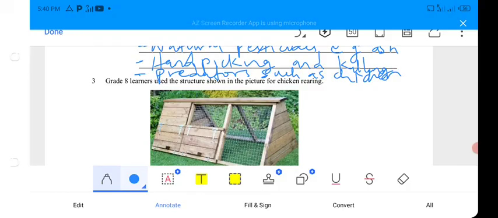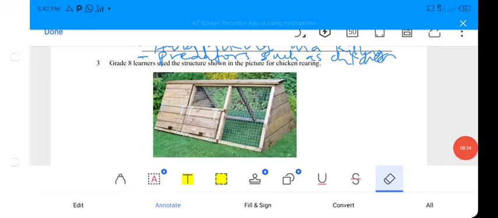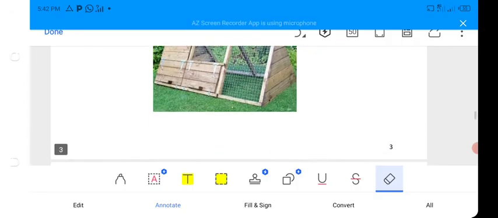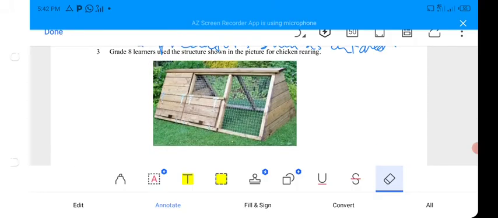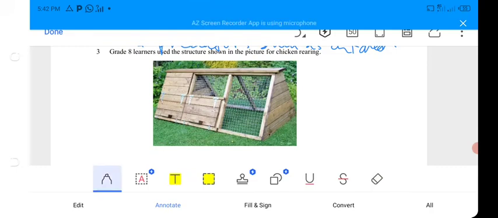Question 3. Grade 8 learners use the structure shown in the picture for chicken rearing. That's a poultry fold. The structure is a poultry fold.